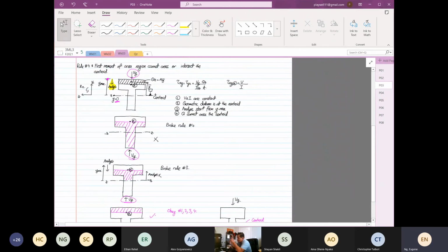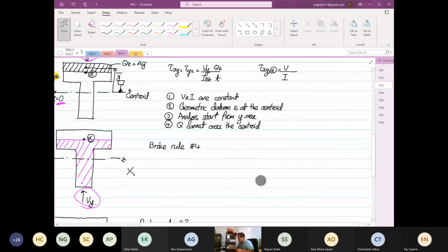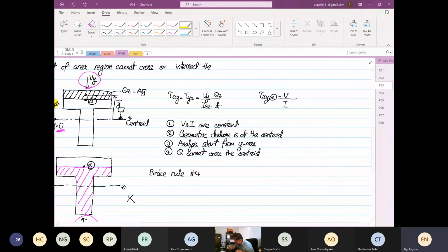That's why in this chapter, there are two key formulas, VQ over It or VQ over I, with Q the first moment of area. All you need to do now is to apply the 4 rules. A lot of the time mistakes are made here. Calculating the first moment of area is confusing as hell.